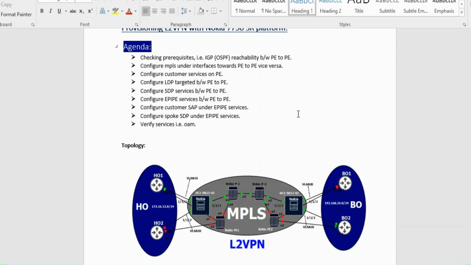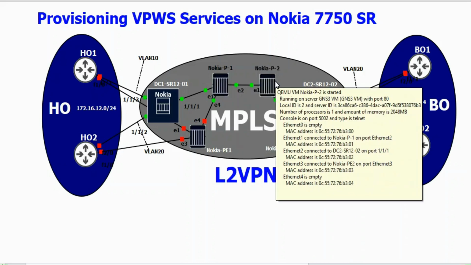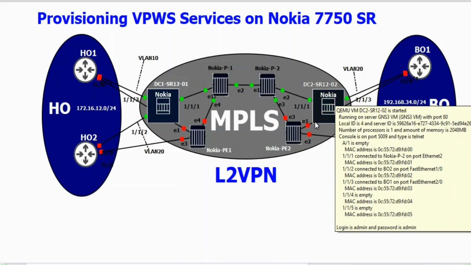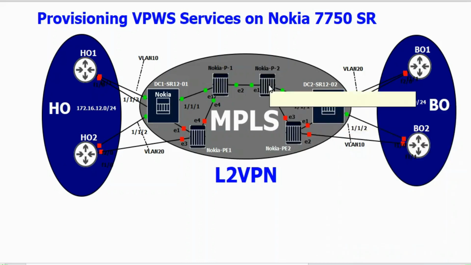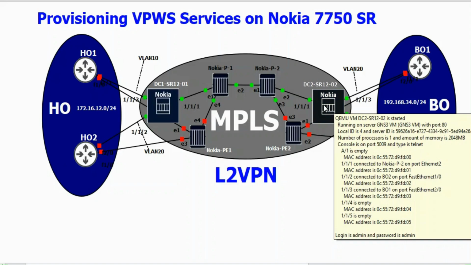This is the MPLS. I will configure MPLS under the interfaces towards P1 and P2, and similarly vice versa from DC2 towards P2, so that DC1 can reach DC2.